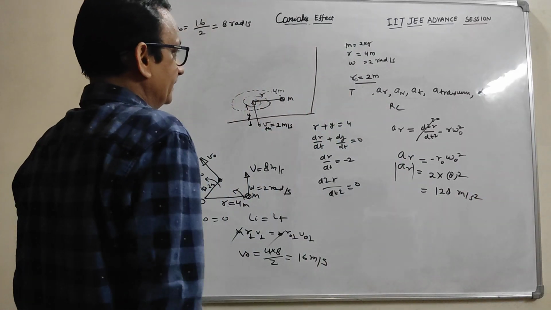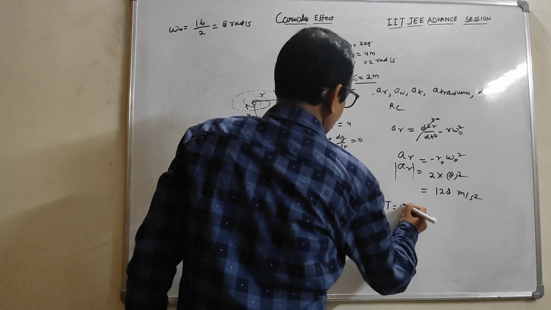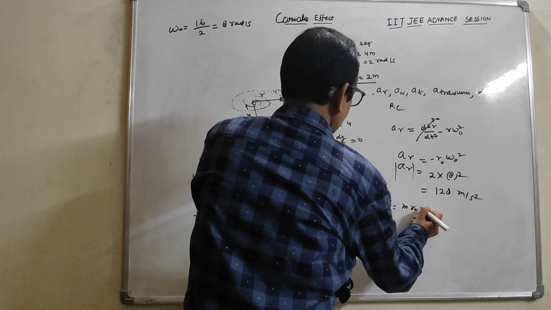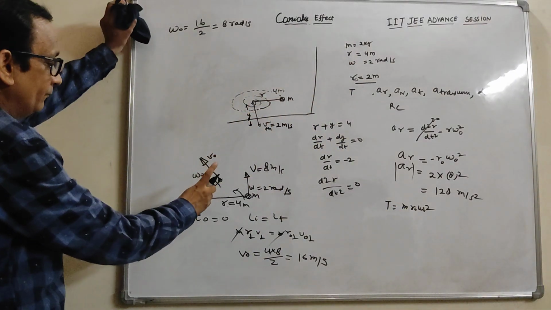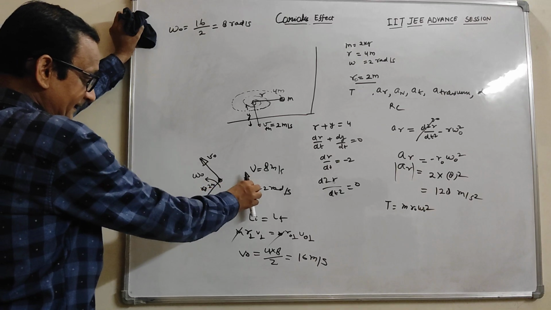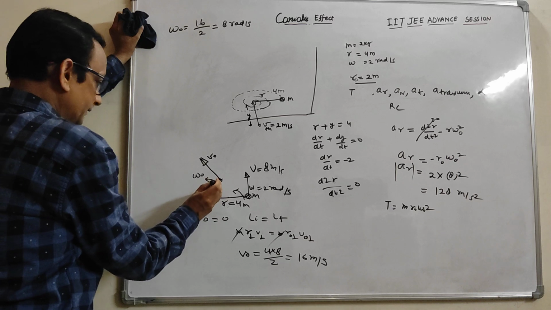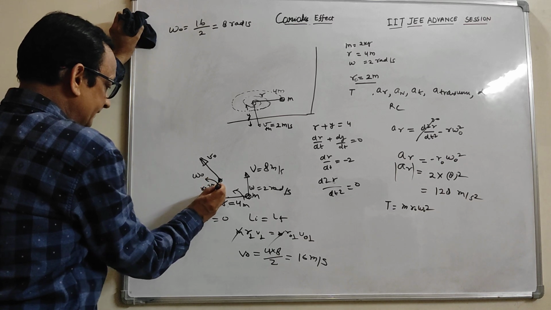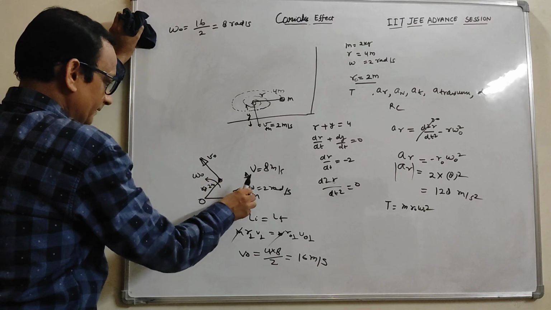This is radial acceleration. Now we have to calculate the tension. This would be m r naught omega naught squared. We have to calculate the values at the final position. This is the initial position, this is the final position, when the string length would be 2 meter.